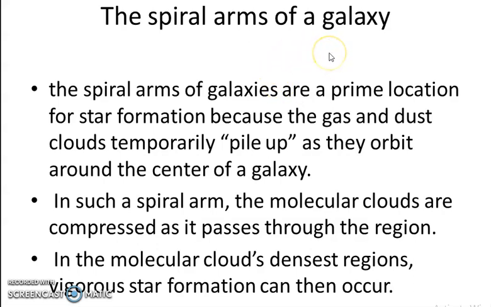The molecular clouds in the spiral arm are compressed as they pass through the region, due to the orbiting of the spiral arms around the center of the galaxy.